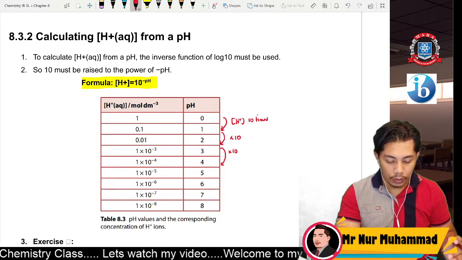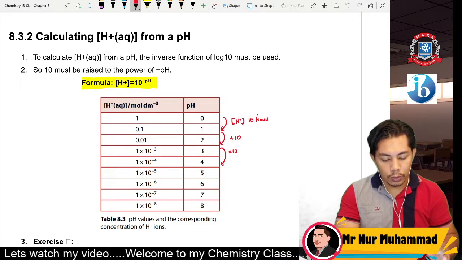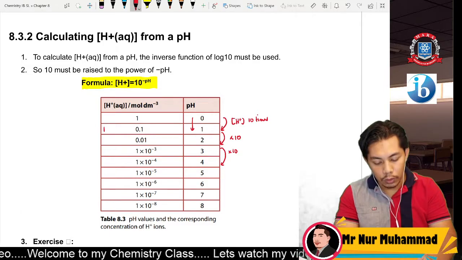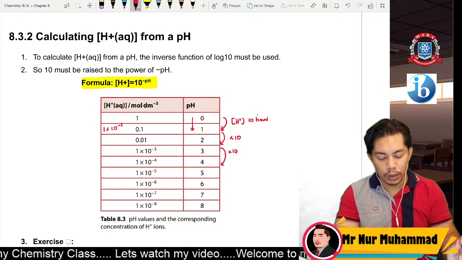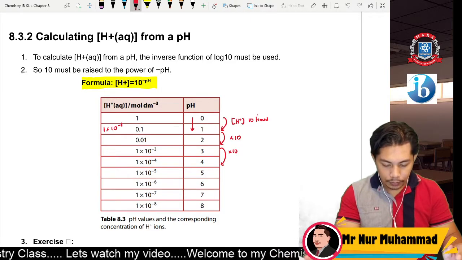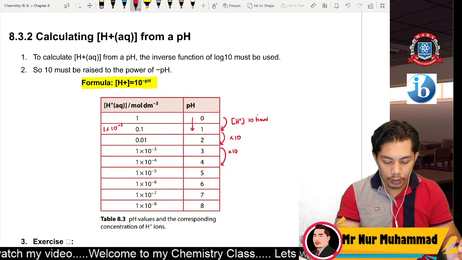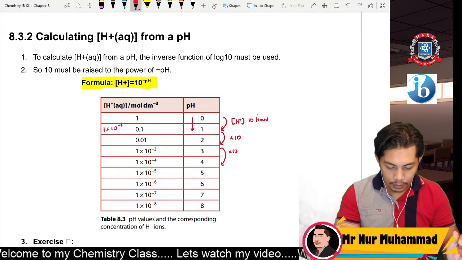When pH increases from 0 to 1, it is equal to 1 times 10 to the power of negative 1. This is the formula to calculate the concentration of hydrogen ion when we know the pH value.